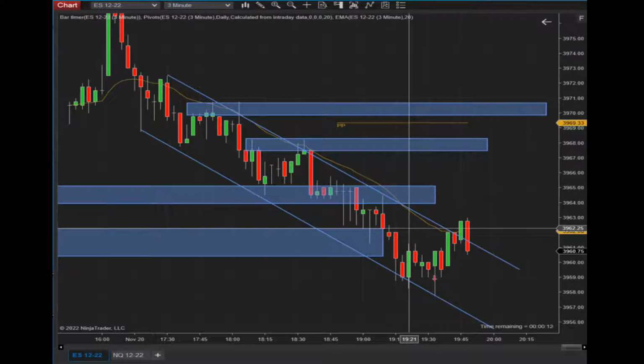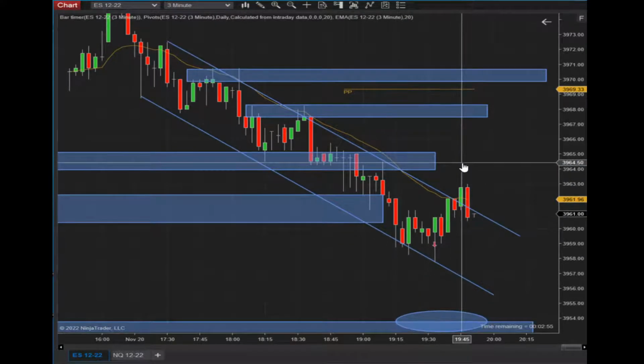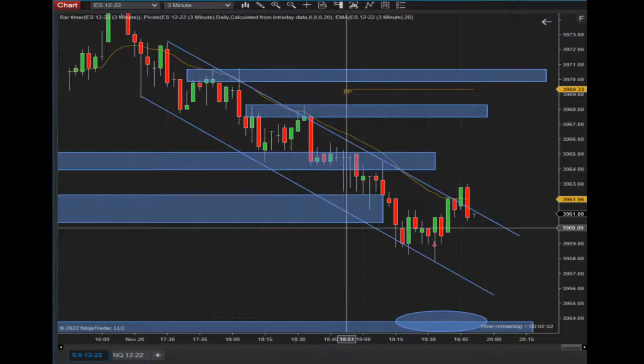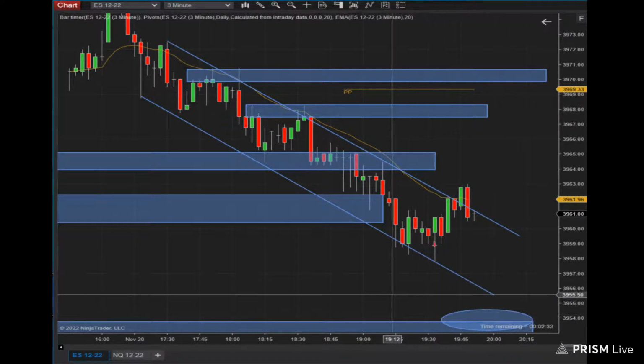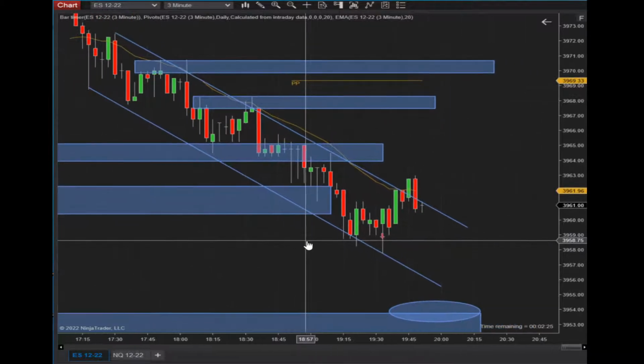I don't like to trade against these long candles, so I'm probably not going to do anything with this. I'm going to put a couple overall targets.